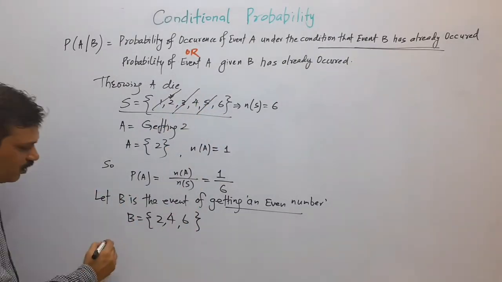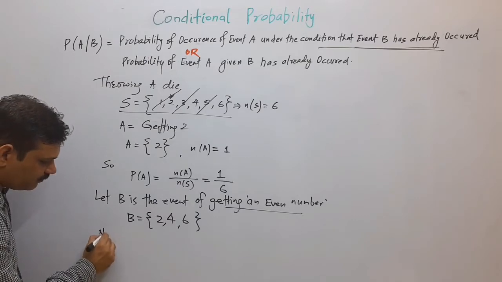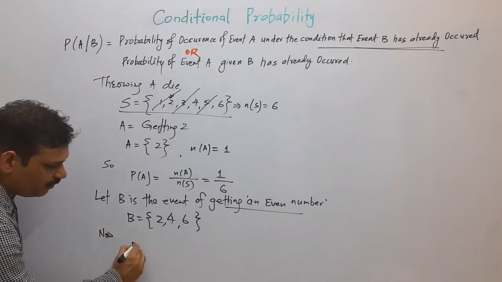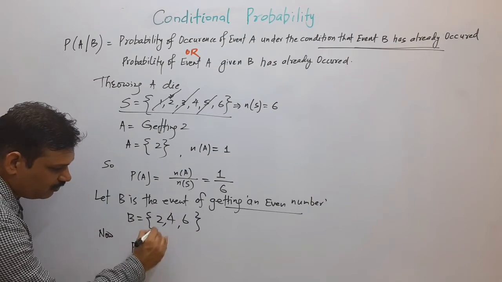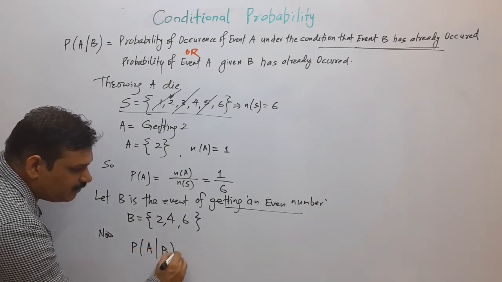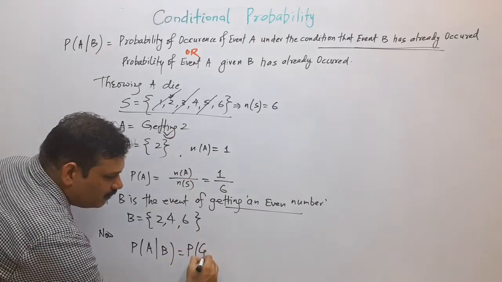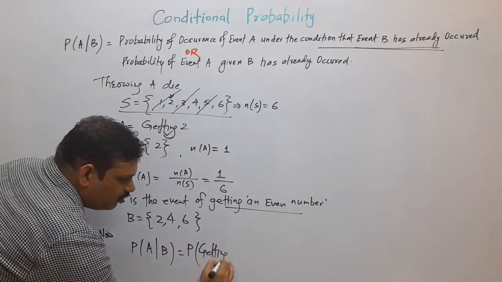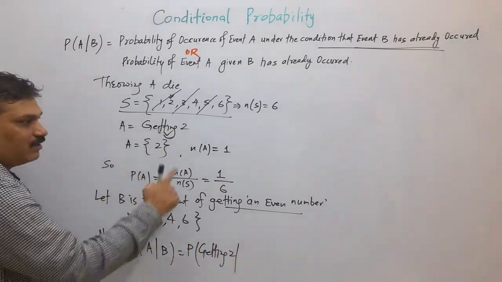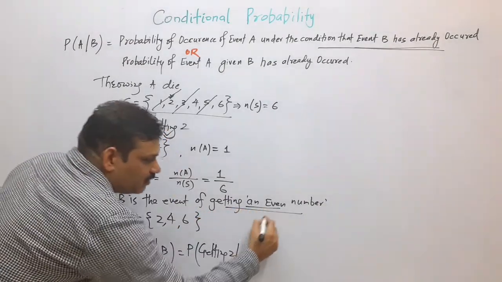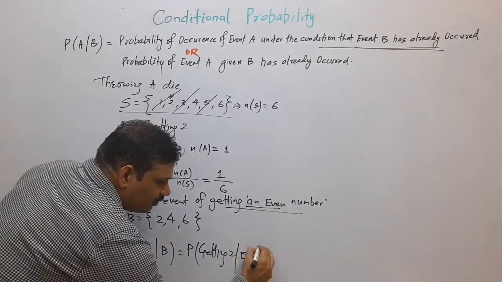Now if we talk about the probability of A given B, that means the probability of getting 2 when it is given that the number is even.